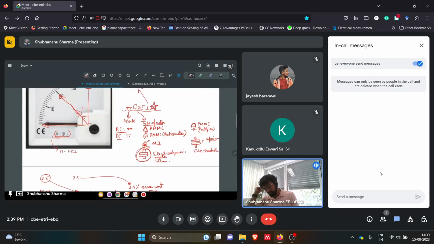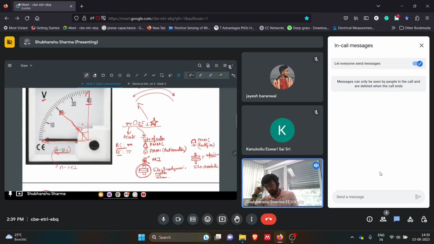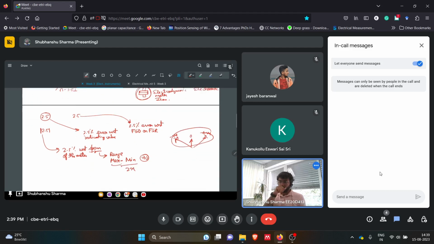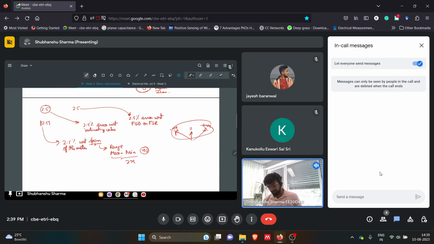So in this case, we have minimum 0 and maximum 40, so this will be 40. But sometimes we have 0, and negative readings and positive readings also. So let's say this was x, this was minus x, so the span will be 2x. Okay, so this signifies this.